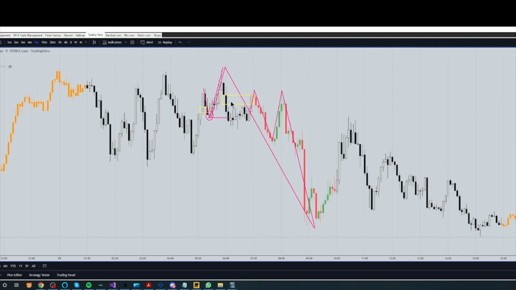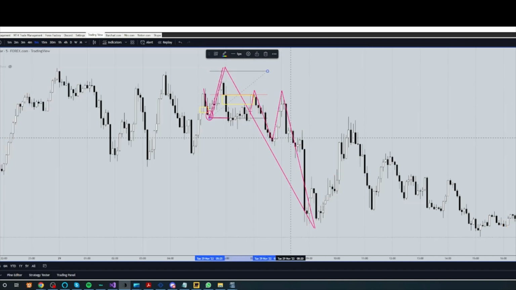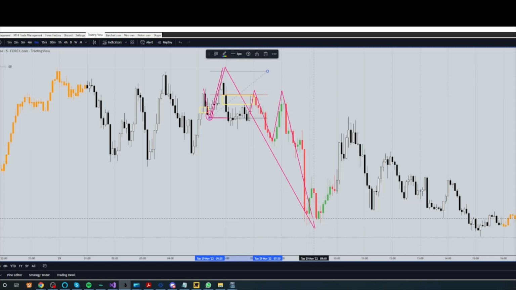So all in all, if we took a trade, if we just place a fib on the dealer's range, which would have been from here to here, you can see how price comes up into the premium of this specific dealer's range, and then just carries on going down south.